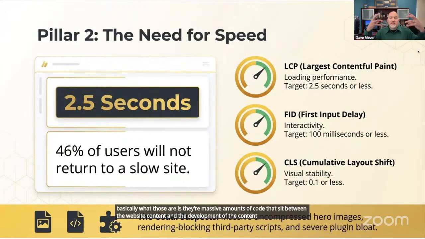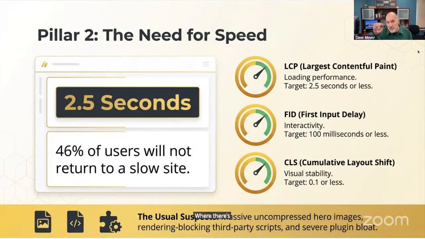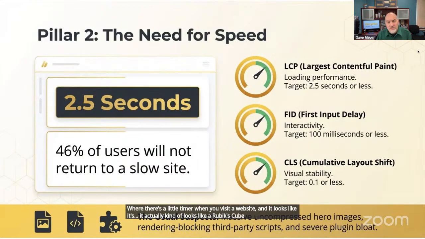And so that code needs to render. You can even see this, especially in Elementor pages, where there's a little timer when you visit a website, and it looks kind of like a Rubik's cube that's building itself. And nobody wants to watch that, right?